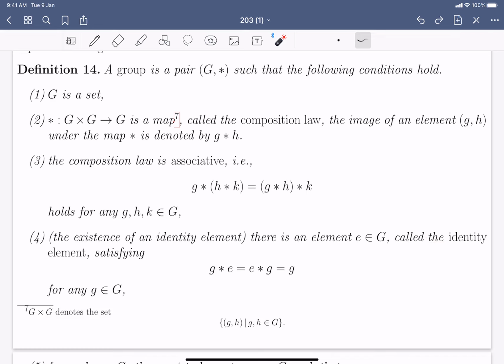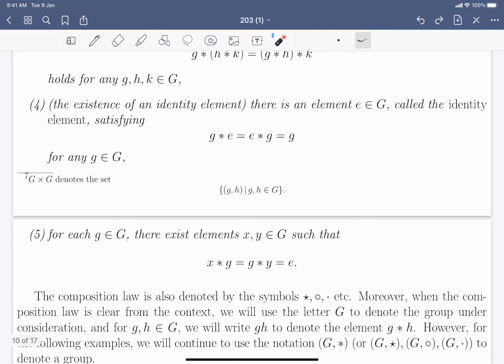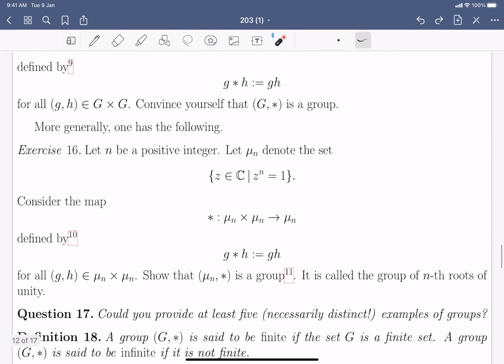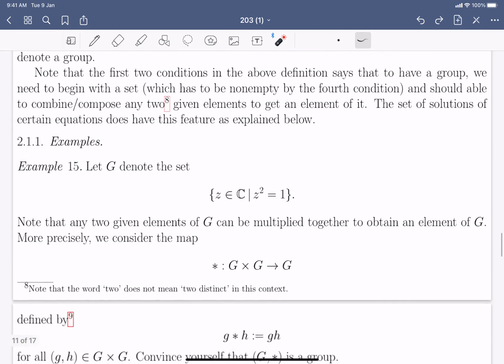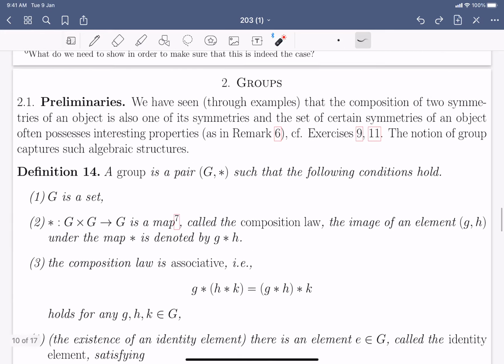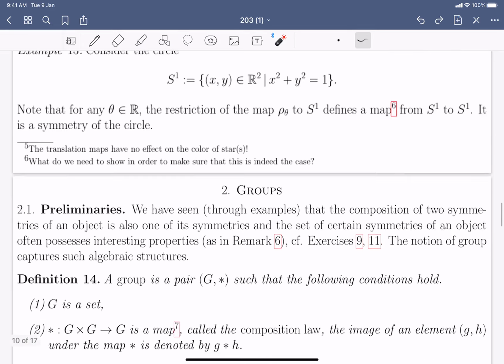This suggests that there cannot be more than one identity element in a group. That is true, and we will have it as an exercise soon. At least one identity element is guaranteed by what we have, and one can show that there cannot be more than one.